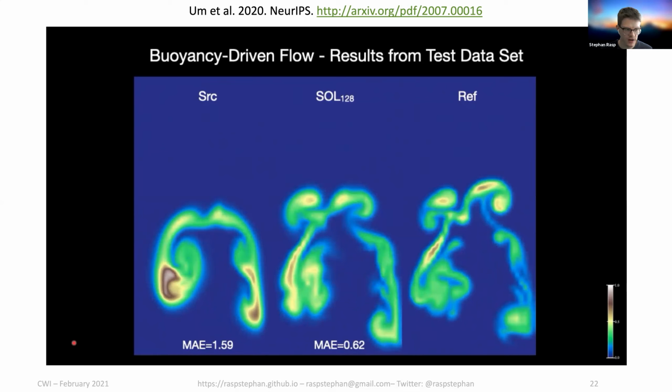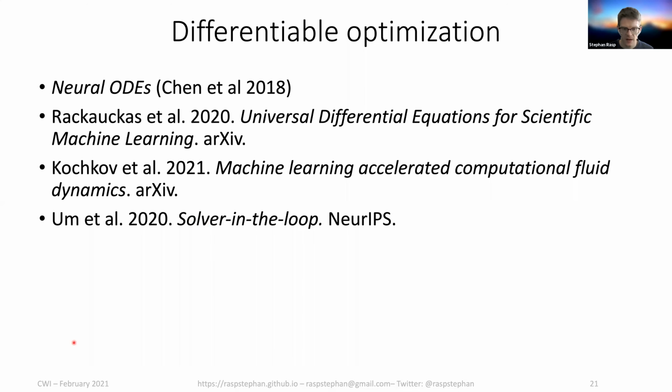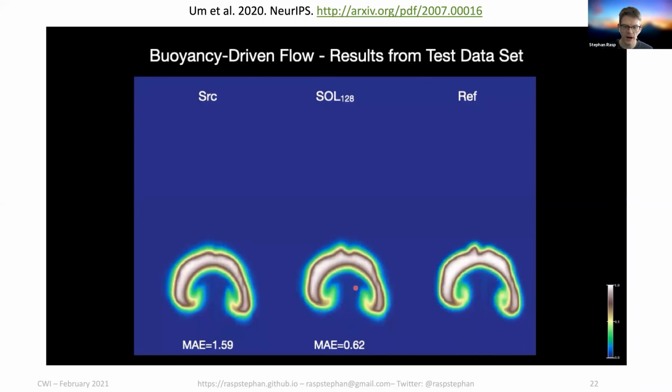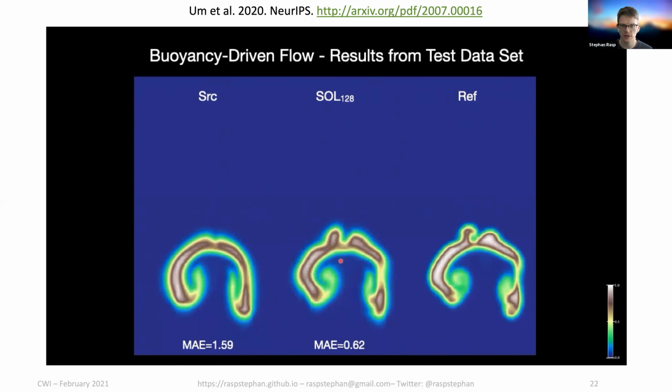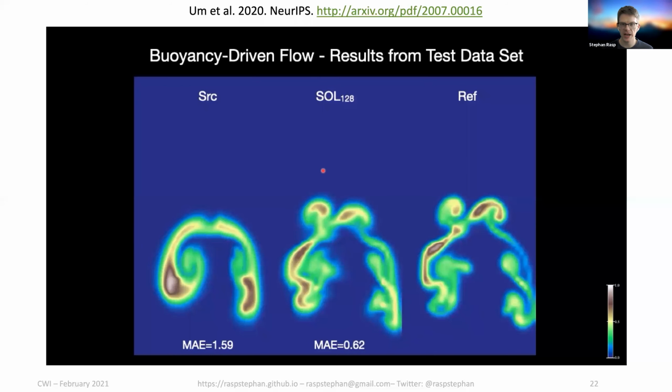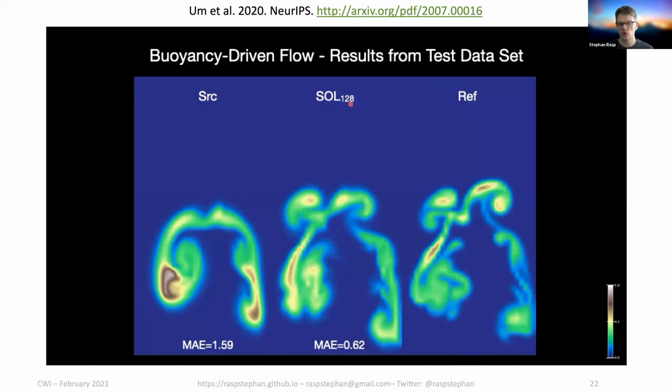And then if we run this again, in the middle here is a simulation where a correction term was learned using a neural network. And they used this approach of differentiating backwards through 128 time steps. And you can see that it looks a lot more realistic than the low resolution simulation without the correction term. So that's really cool, and it works.